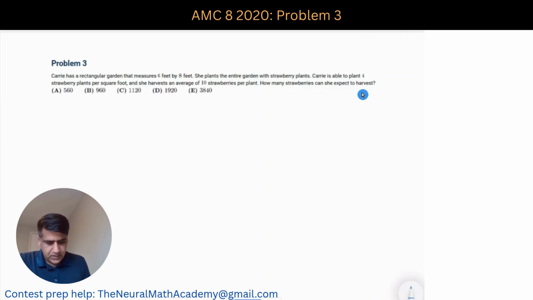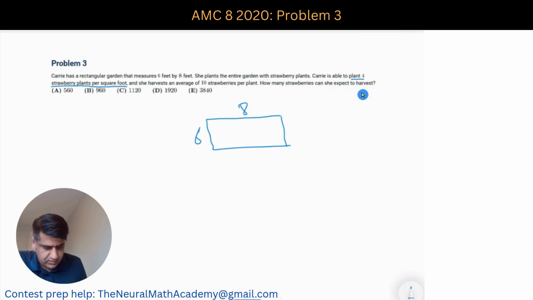First we will see what the total area of this rectangular garden is. That is 6 by 8 feet, and she is able to plant 4 strawberry plants per square foot.